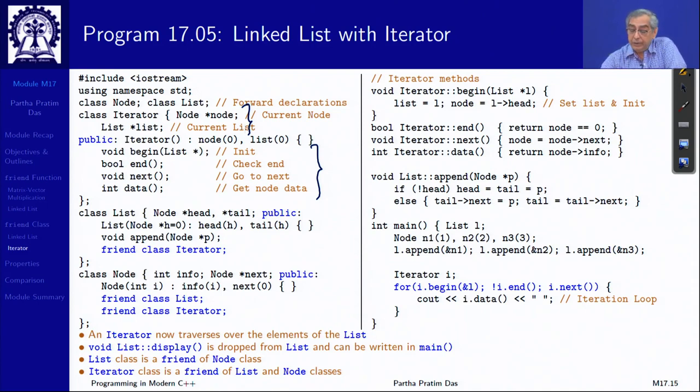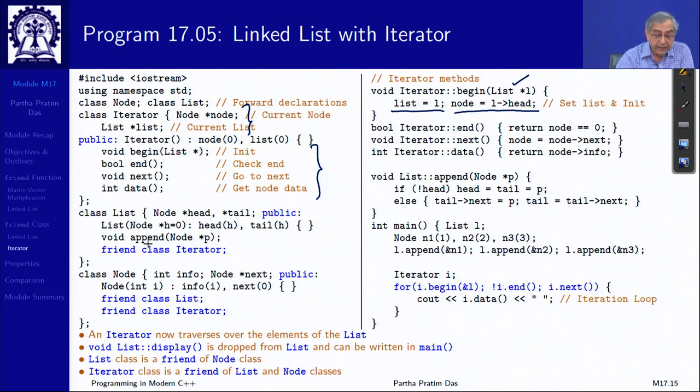So, now let us try to write these functions. I want to write begin. I have the list pointer passed to it. So, the list member of the iterator will be set to L, and the node member will have to be set to L pointer head, the first node. Where is L pointer head?